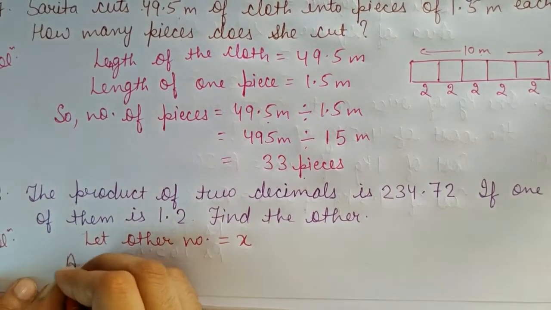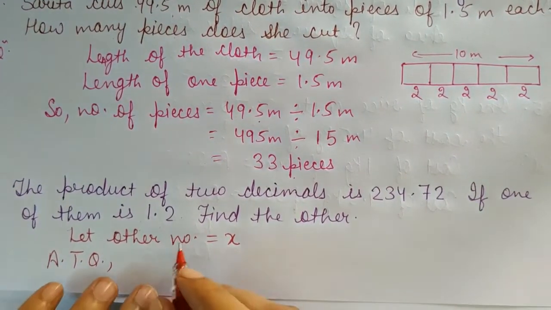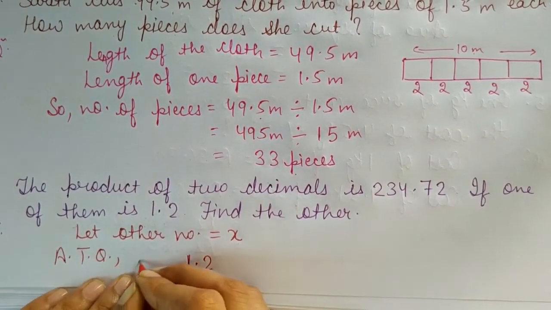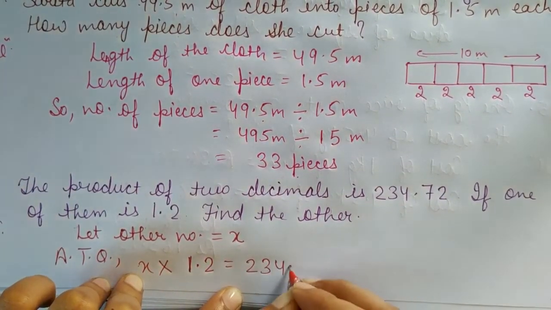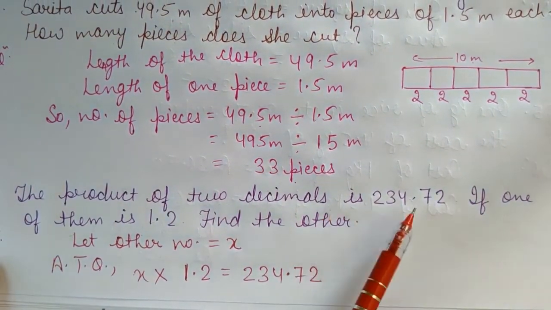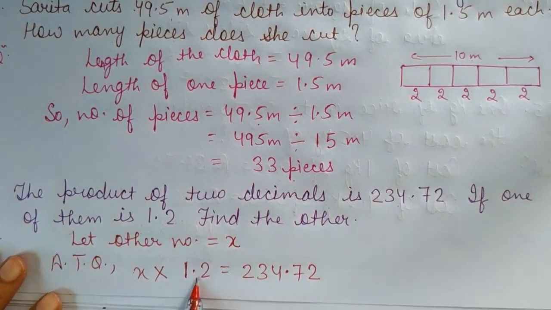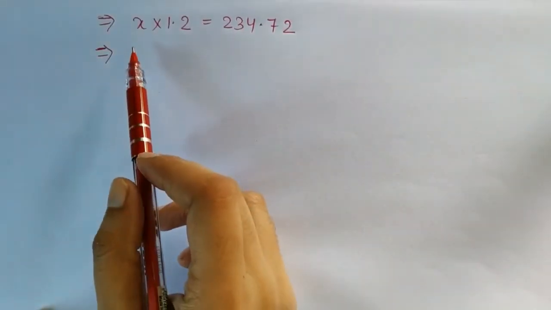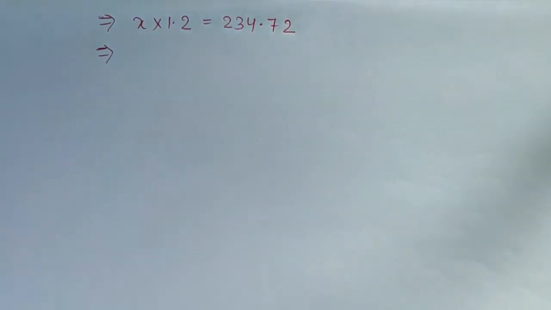Now you all know, A, T, Q will be according to the question. According to the question, this 1.2, if it is multiplied with x, we will get the answer 234.72, as we are given the product of these two numbers is 234.72. So x multiplied by 1.2 is equal to 234.72.